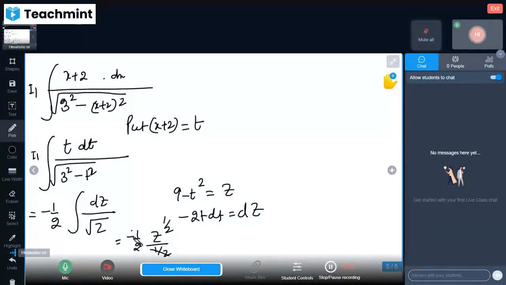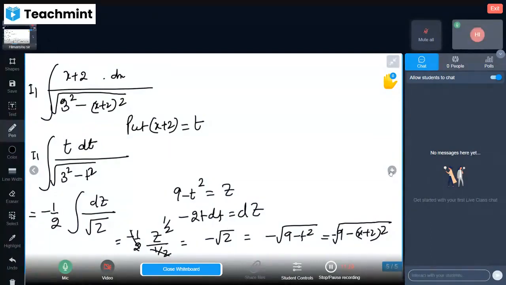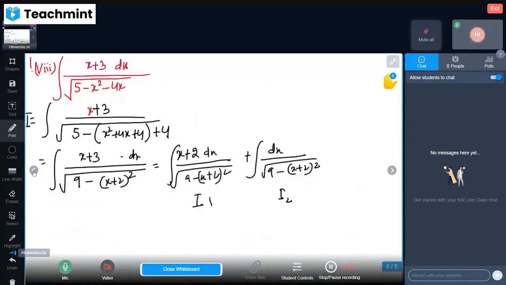So 1 by 2 cancels out. So minus root of z, that means minus root of 9 minus t square, that is minus root of 9 minus (x plus 2) square. This much is I1. Understood? Then I2.